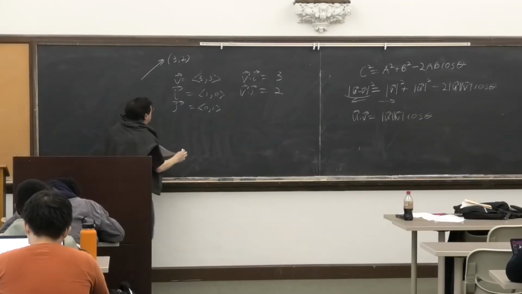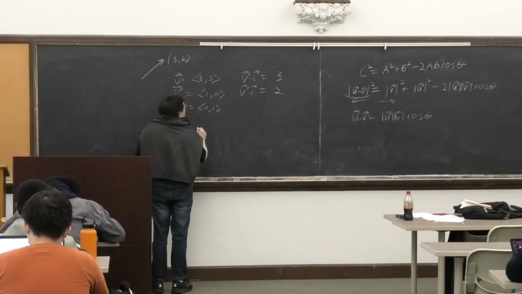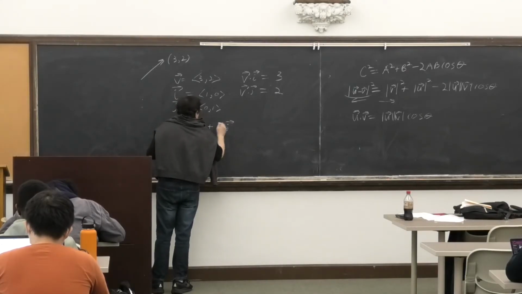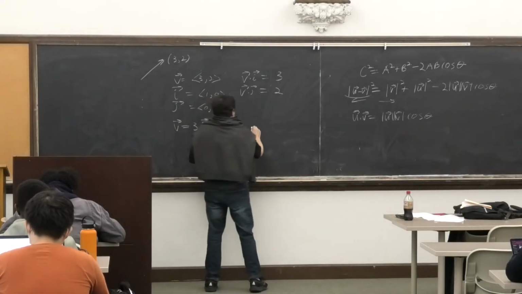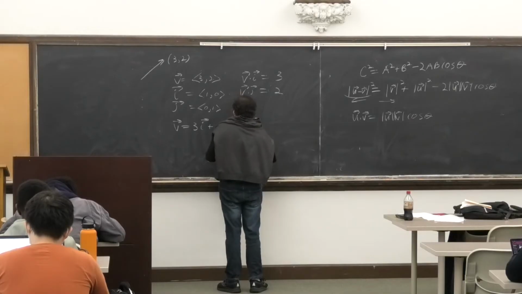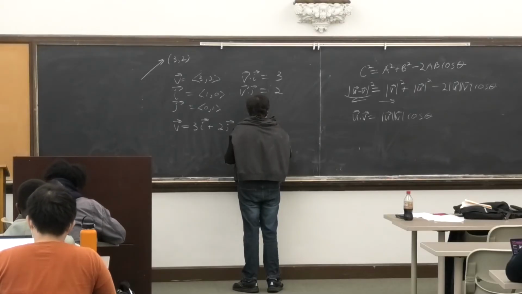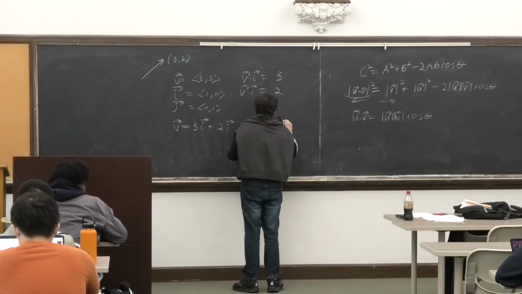Well, that tells us that since v is 3 times i plus 2 times j, we could write v as 3 times... the dot product of v dot i.